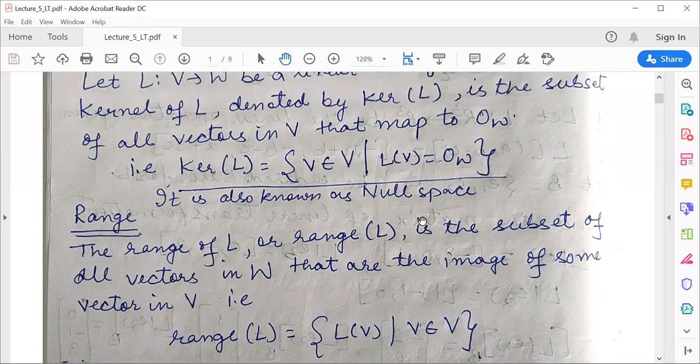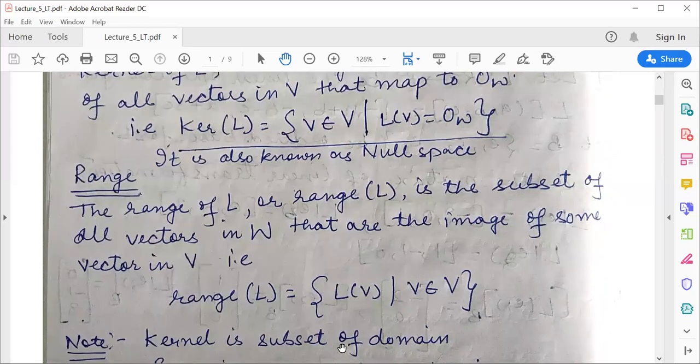So the kernel is the set of all those elements of V which are mapping towards the zero vector in W. That is okay. For the range, the main concern is why we have considered only those v belonging to V such that they have some image vector in W.